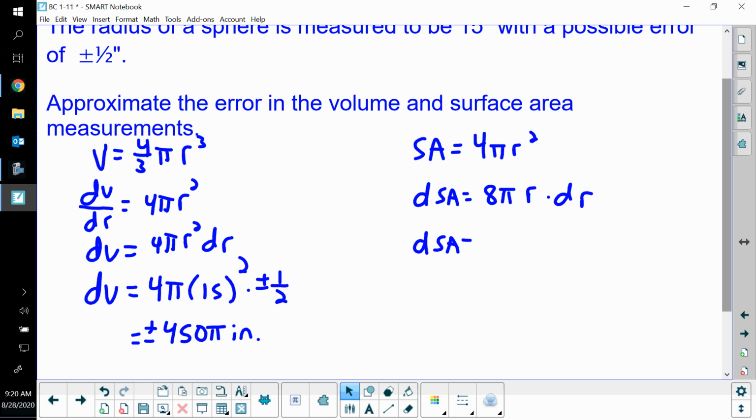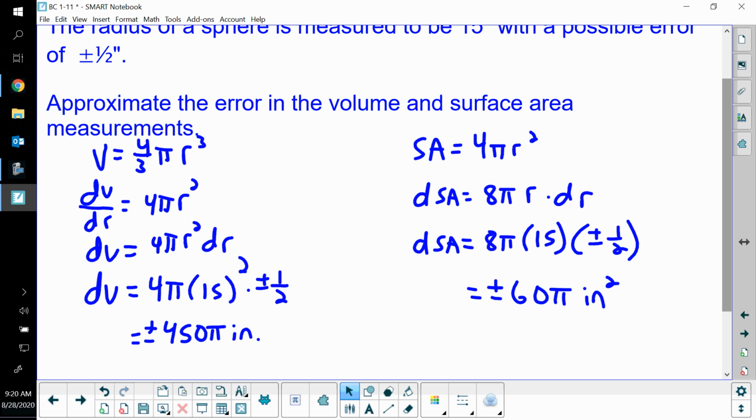So our differential for the surface area will have 8 pi times 15, our measured value of the radius, times that plus and minus 1/2. 1/2 of 8 is 4. 4 times 15 is 60. So we'll have plus and minus 60 pi. And in this case, we have inches squared because it's a surface area. Oops, so over here, actually, I forgot the cubed on our inches for the volume.